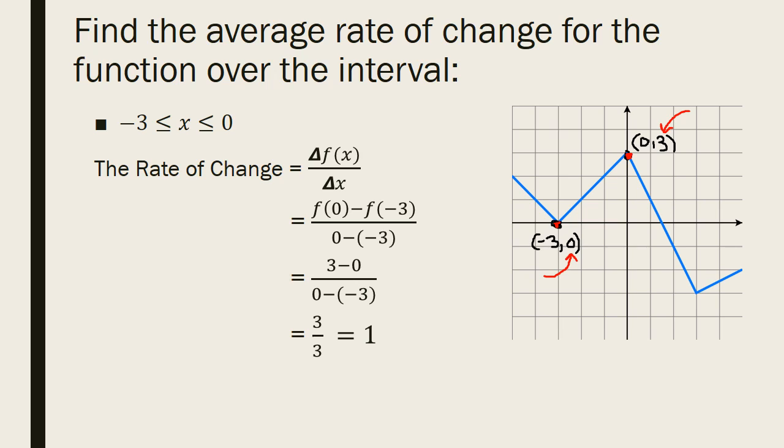So I'm going up 3 points, that's the rise, and I'm going across to the right 3 units, which is the run. So at the end, I'm going to end up with 3 over 3, which is going to give me the same answer as my formula, which is 1.